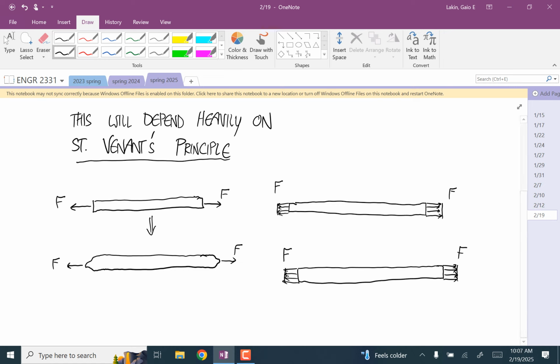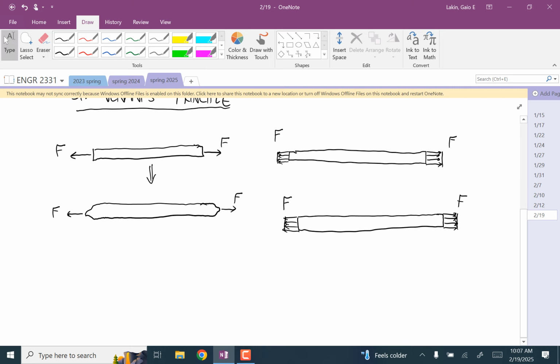And it would be nice for us if we could treat these two things the same way, if we didn't have to make a distinction about how those forces were applied. And so Saint Venant's principle sort of allows us to do that.